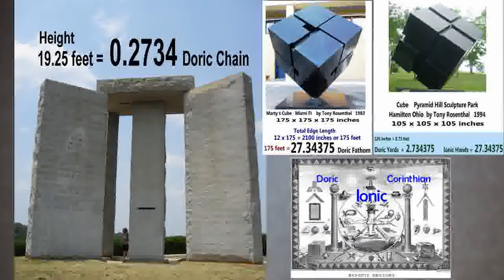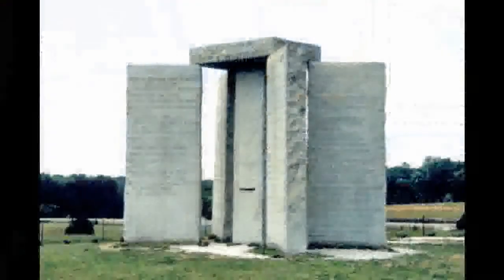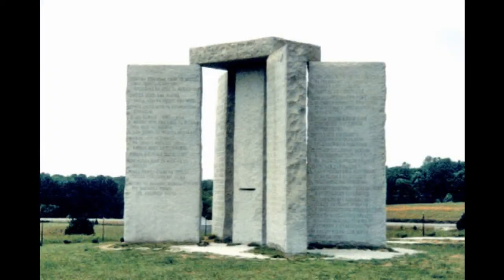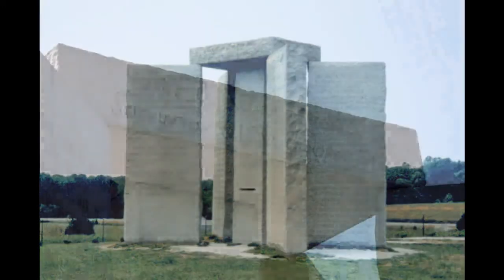I'll put a link in the description to the earlier video, and that goes into a lot more connections, and I'll go through many other places regarding 273, the Great Pyramid, and so much more.